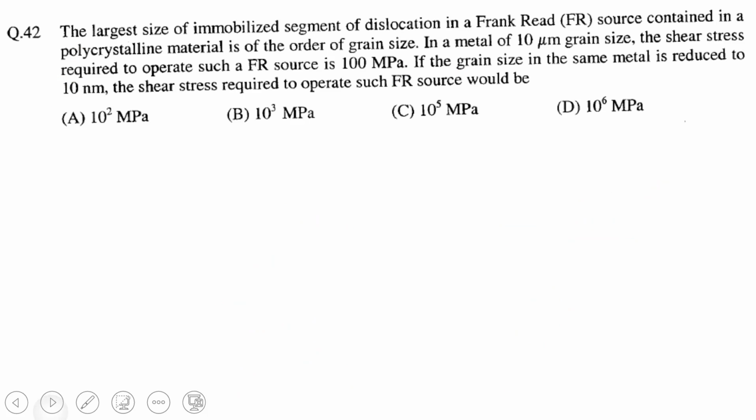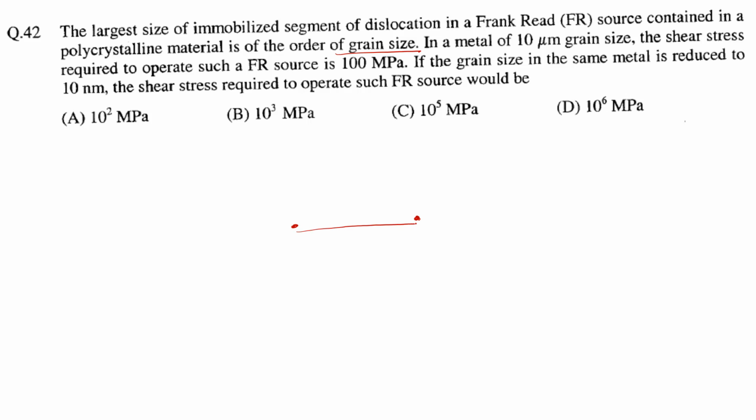Next. The largest size of immobilized segment of dislocation in a Frank-Read source contained in a polycrystalline material is of the order of the grain size. In a metal of 10 micrometer grain size, this is a problem of the Frank-Read source.